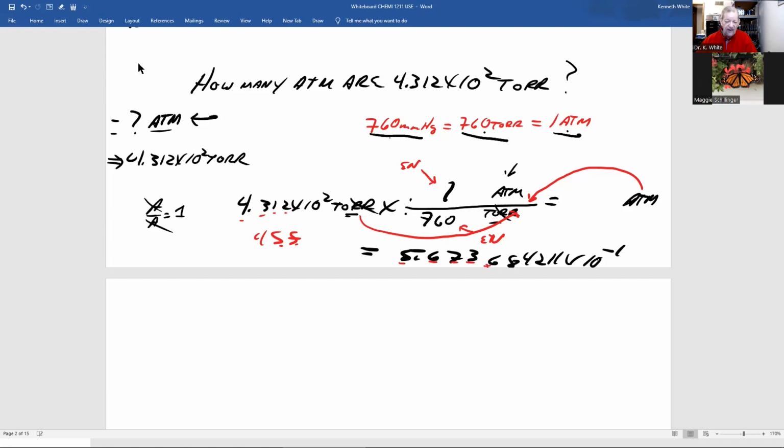Use the 6 to round off. Is that 4 or less, or 5 or higher? It's 5 or higher. Drop all these. Increase this by 1. And the correct answer is 5.674 times 10 to the minus 1 atmospheres.